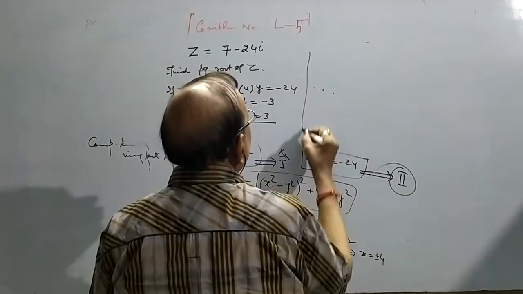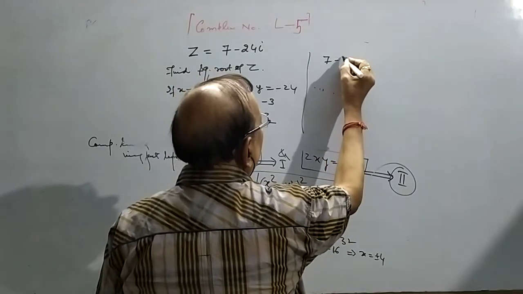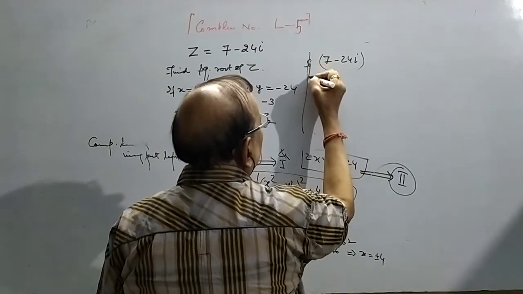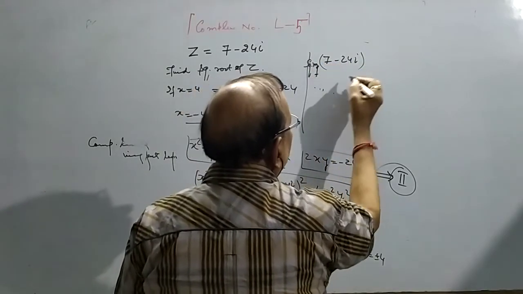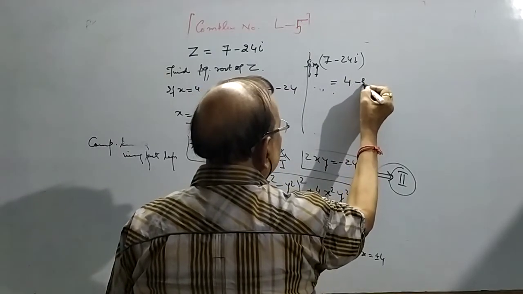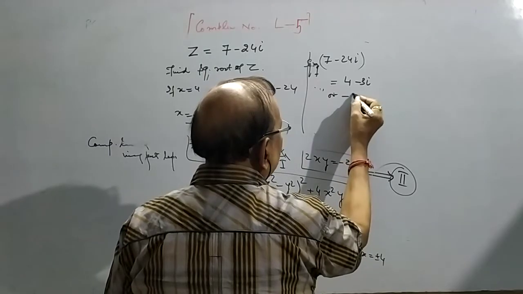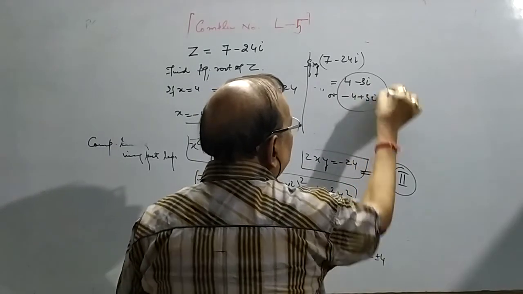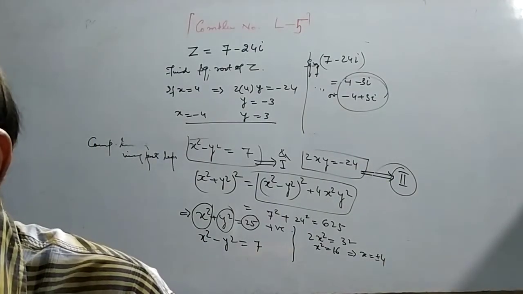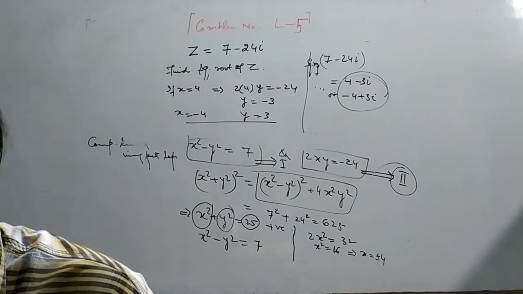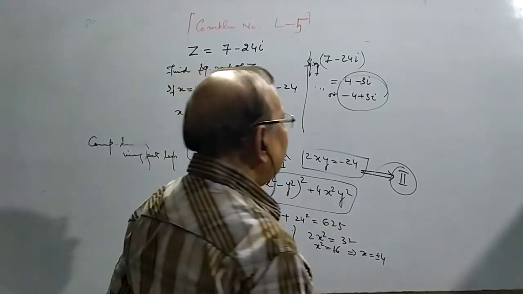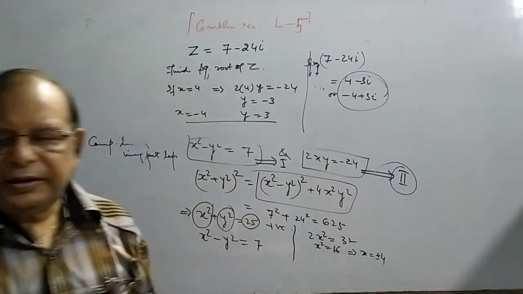Therefore, the square root of 7 minus 24i is equal to 4 minus 3i or minus 4 plus 3i. There will be two square roots. Remember, in general, we write the real part as positive and the other will take the negative part.